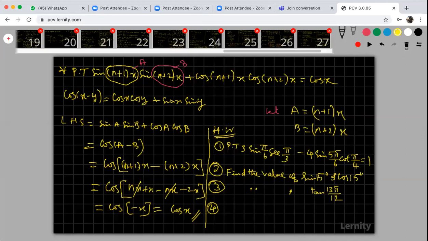Please go through the book. In your book, all the identities, proofs, everything is given. The first question is prove that 3 sine pi by 6 secant pi by 3 minus 4 sine 5 pi by 6 cot pi by 4 equal to 1.